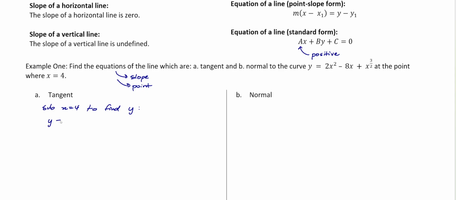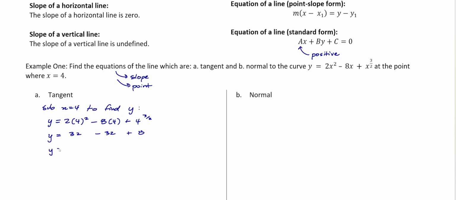I got y equals 2(4) squared minus 8 times 4 plus 4 to the power of 3 over 2. And when I input that into my calculator and evaluate it, I get 32 minus 32 plus 8.